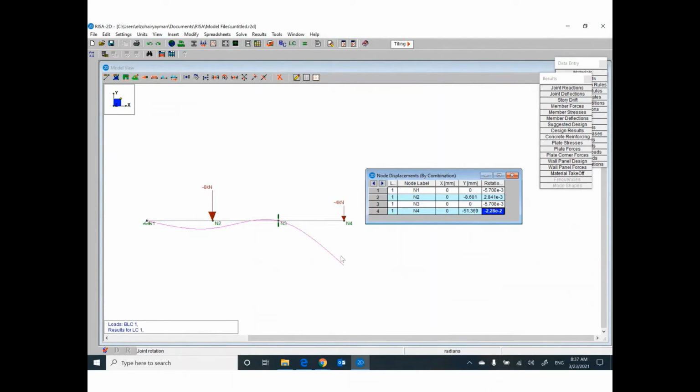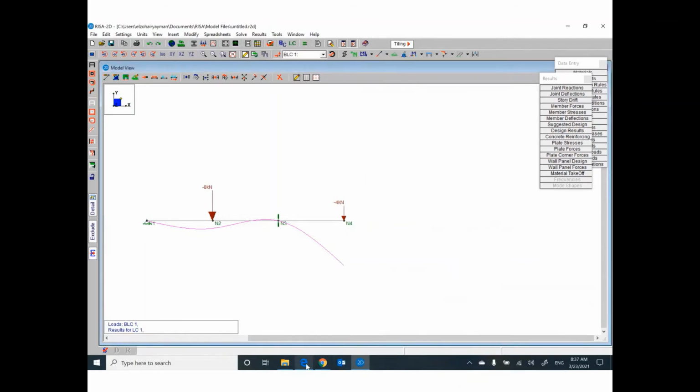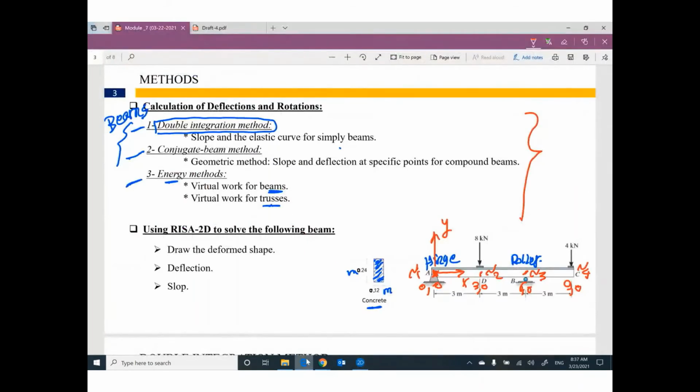So we need to calculate how much this point will move down, how much this point will rotate, because the new shape is a curve, and this curve has tangent at each point, and this tangent has rotation, slope, angle. How much all of these values? We will learn how to calculate these values by using double integration method, by using conjugate beam method, by using energy method. Anybody has any question?